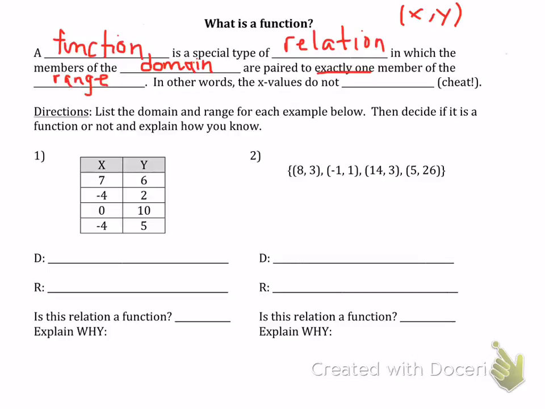What does it mean to be the range? It's the y values. So when you read that again, each member of the domain is paired to exactly one member of the range. What is that basically saying? It's telling us that the x values can only occur one time, or in other words, they do not repeat.